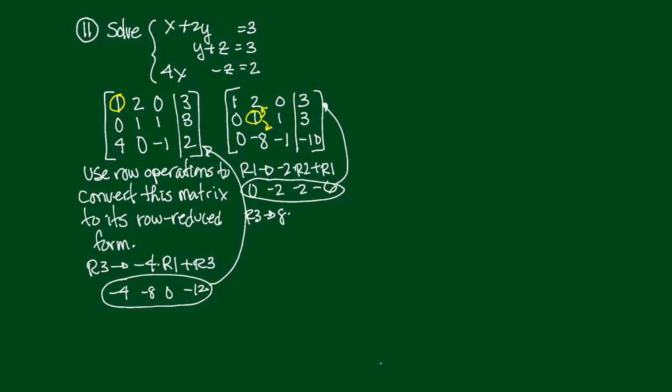So positive 8 times row 2 plus row 3. And that's going to look like this. All right, so I'm taking the 8, multiplying it all the way through here. So it will be 0, 8, 8, 24. I'll circle that, and then we will, in just a minute, add it to row 3.